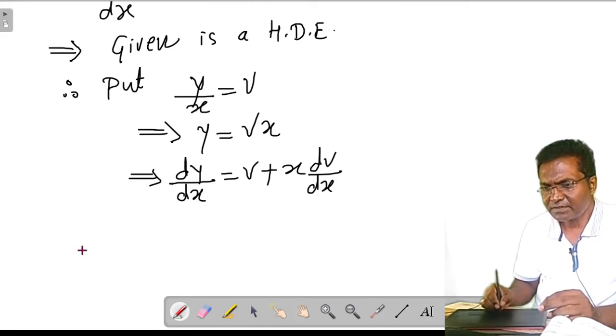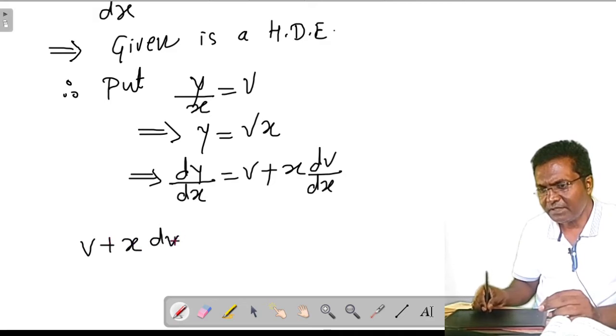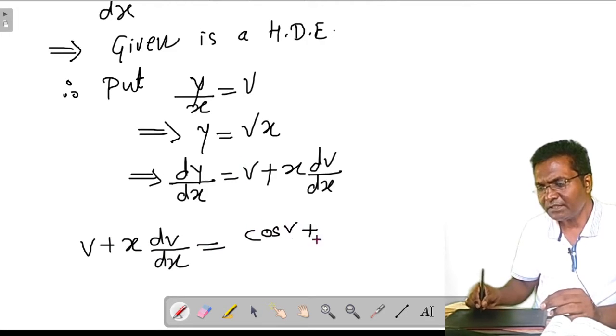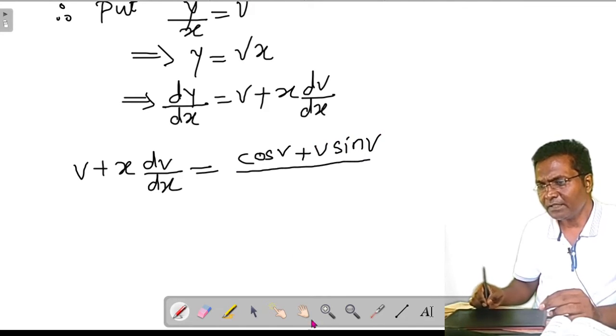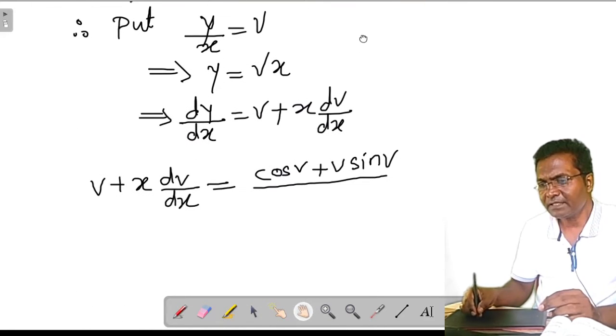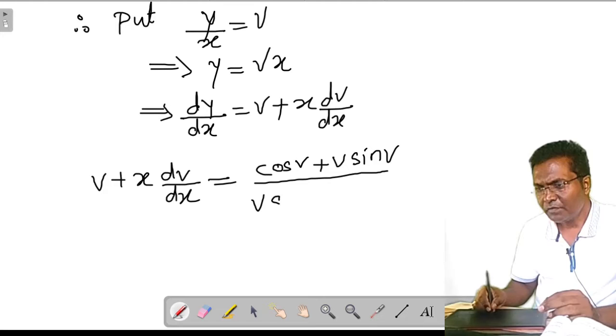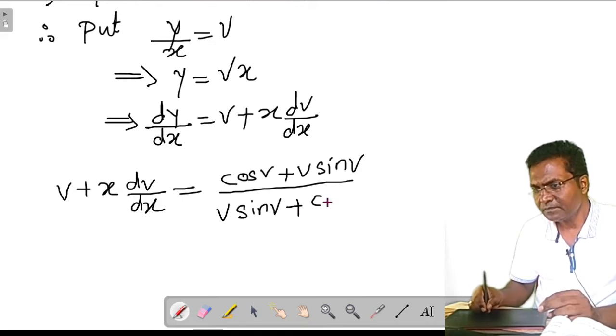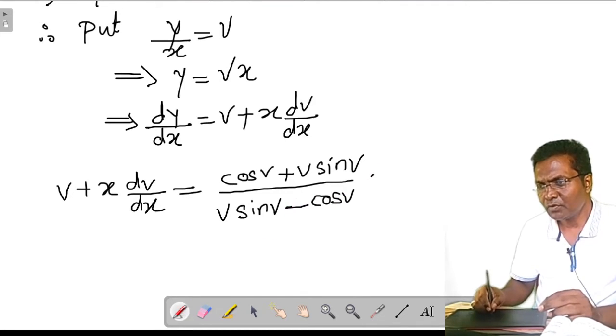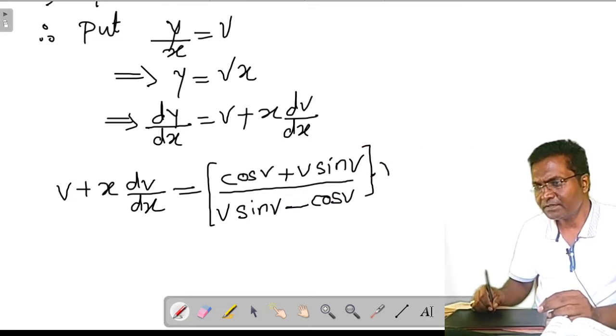So dy by dx means this: v plus x dv by dx is equal to, we have cos y by x, so y by x means v, cos v plus what we had, y by x sin y by x, so again v sin v, divided by y by x sin y by x, that is v sin v, minus cos v, this is minus, into y by x, which means v.